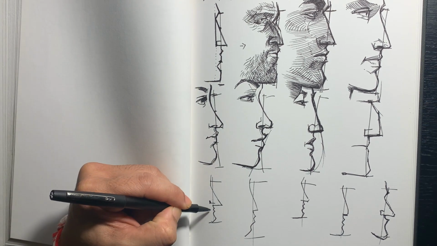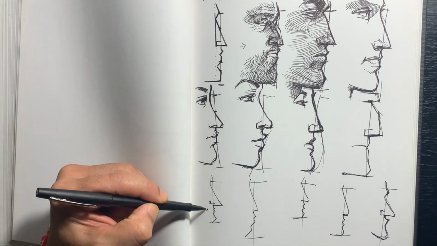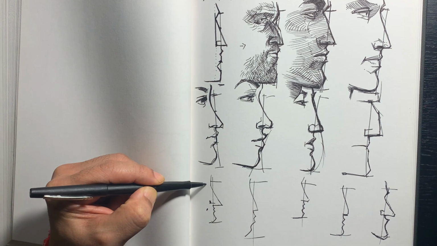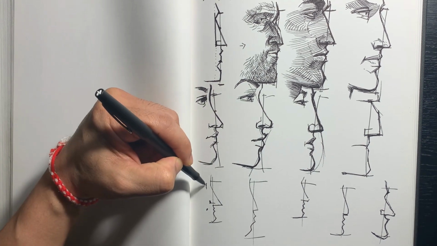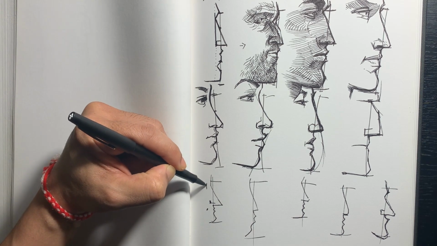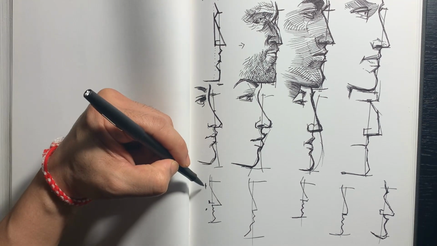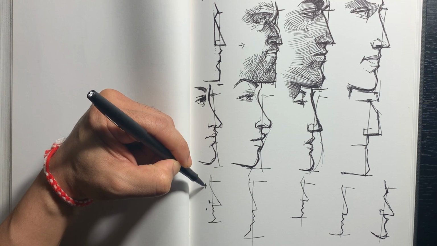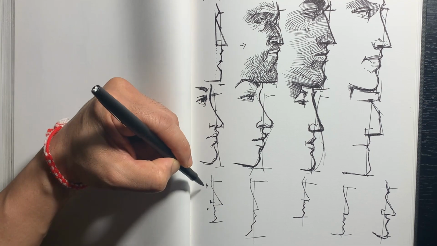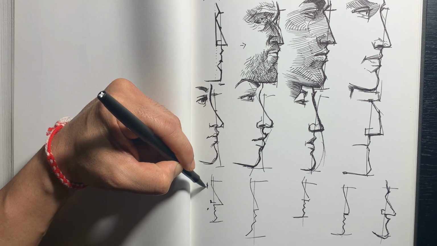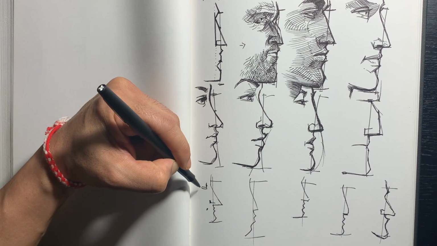So the inside corner of the mouth, and then now if you go up here where the eye is, you can have a lot of variety, but because of the shape of the eye, you may or may not see that inside corner, but it's there. And the bottom lid wraps around.